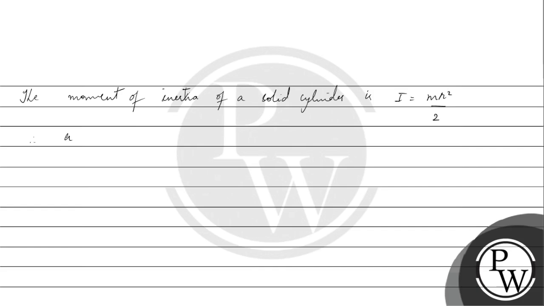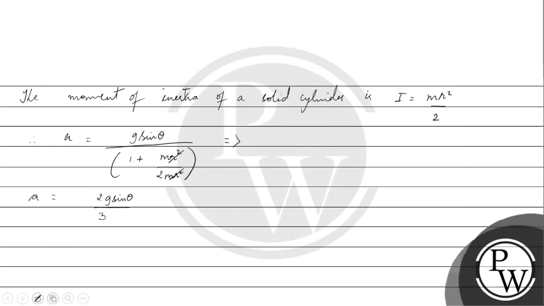Therefore, a is equal to g sin theta divided by 1 plus m r squared by 2 m r squared. m r squared कैंसिल करते हैं. इस डिनोमिनेटर को सिंप्लीफाई करके we will get the acceleration of a solid cylinder which is rolling without slipping down an incline will be equal to 2g sin theta divided by 3.